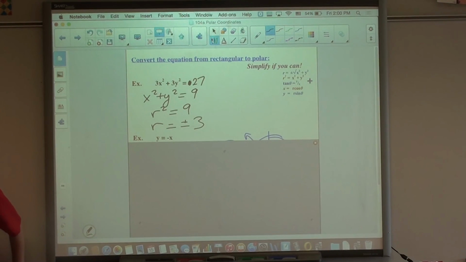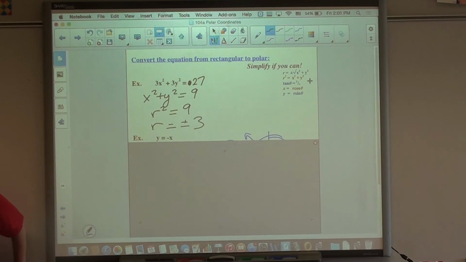Now, if you graph r equals 3, and you guys all have polar, you don't have to actually physically graph it, but I want you to mentally look at your polar coordinate planes there and think about how you would graph r equals 3, where the angle is irrelevant. You just always want a radius of 3, right? So does that make sense that that is a circle?